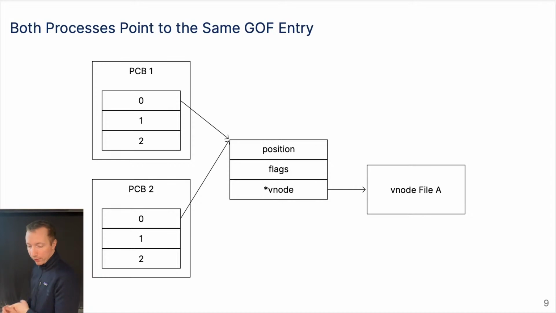So this is what it would look like if, say, process 1 had file A open. Whenever you open that file, it would create a new file descriptor for you that points at a new entry. That new entry would have its position, flags, and vnode. And then whenever we fork, we would create a process. Let's call process 2 the child process to make it easy, and process 1 the parent process.